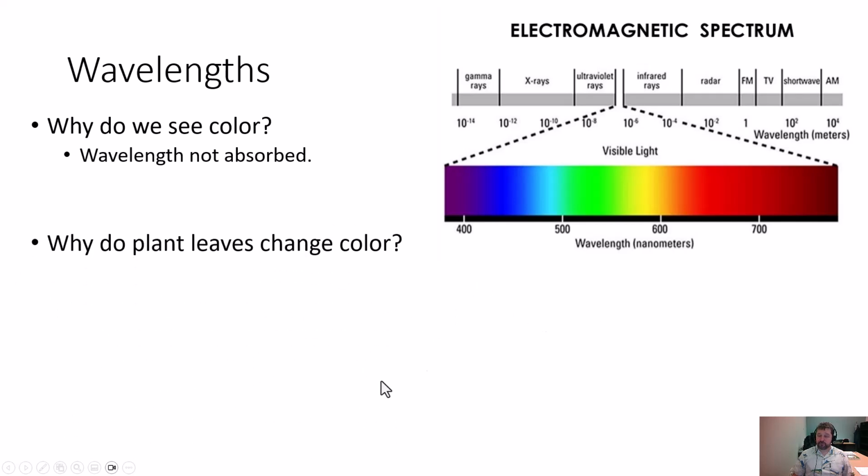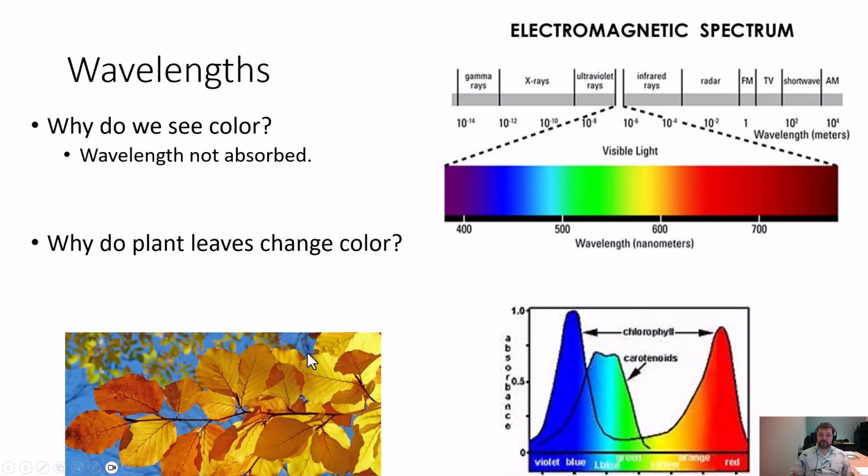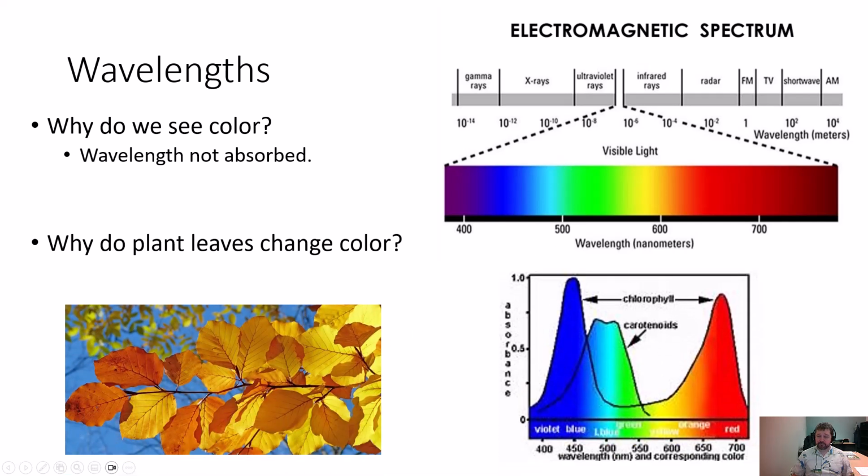Leaves change color mainly because as a plant goes through the seasons, and temperatures typically cool, different pigment molecules absorb different light patterns. Things like chlorophyll A and B, carotenoids, and xanthophylls, all these pigments absorb different wavelengths.